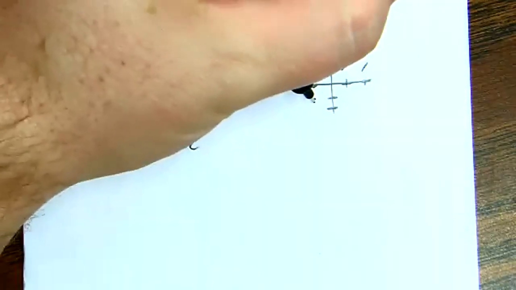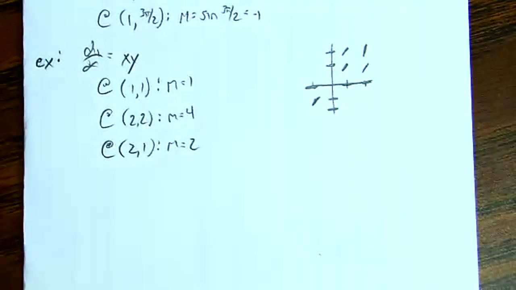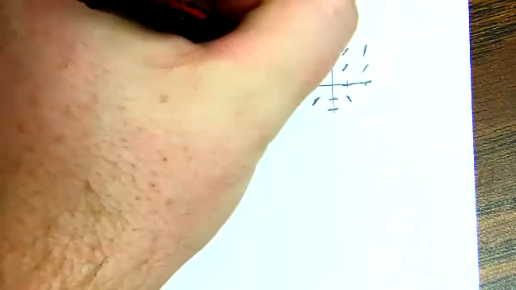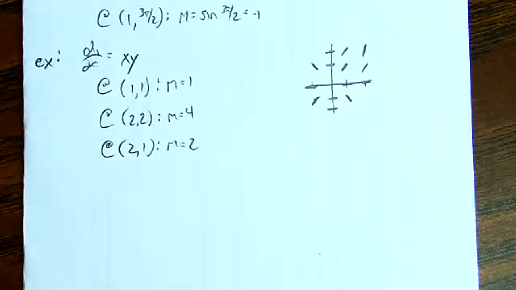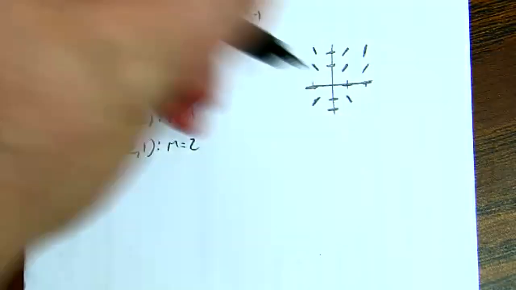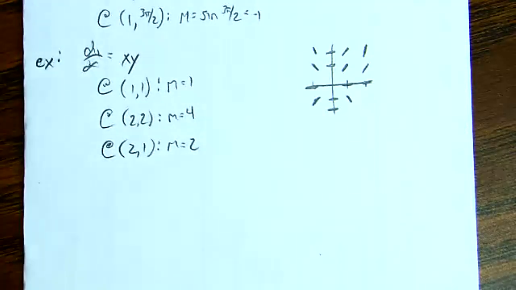If x is -1 and y is -1, those multiply to get +1. If x is 1 and y is -1, those multiply to get a slope of -1, and the same for reverse. And then at 2, -1, our product is -2.